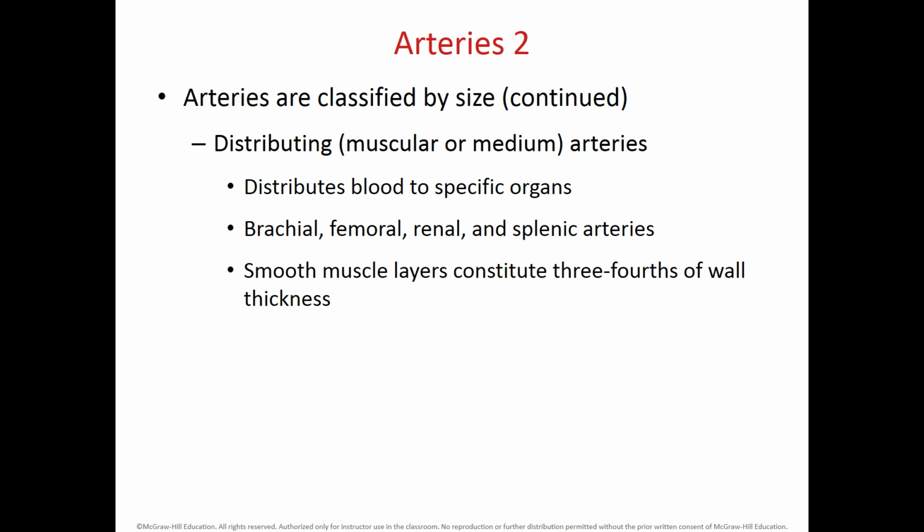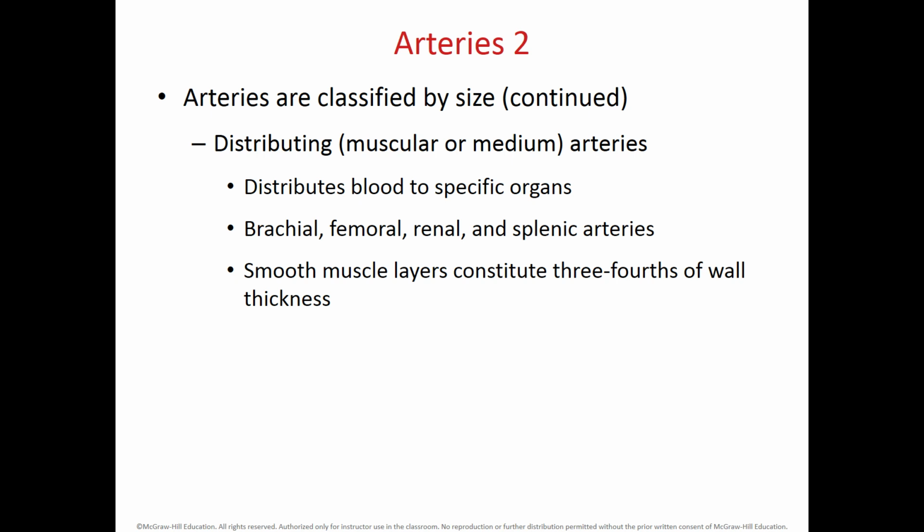Now, the medium-sized arteries are known as distributing or muscular or medium-sized, and they are known as distributing because they help to distribute the blood to specific organs. And usually the arteries will take the name of the organ or the region where they are distributing the blood. So we have examples of this, like the brachial, which distributes the blood into the arm, femoral, which distributes blood into the thigh or the femoral area.